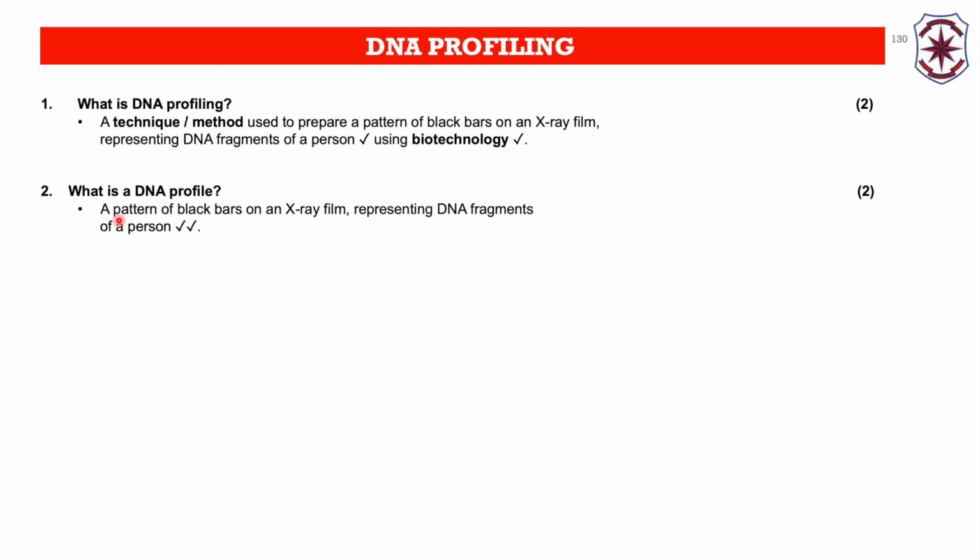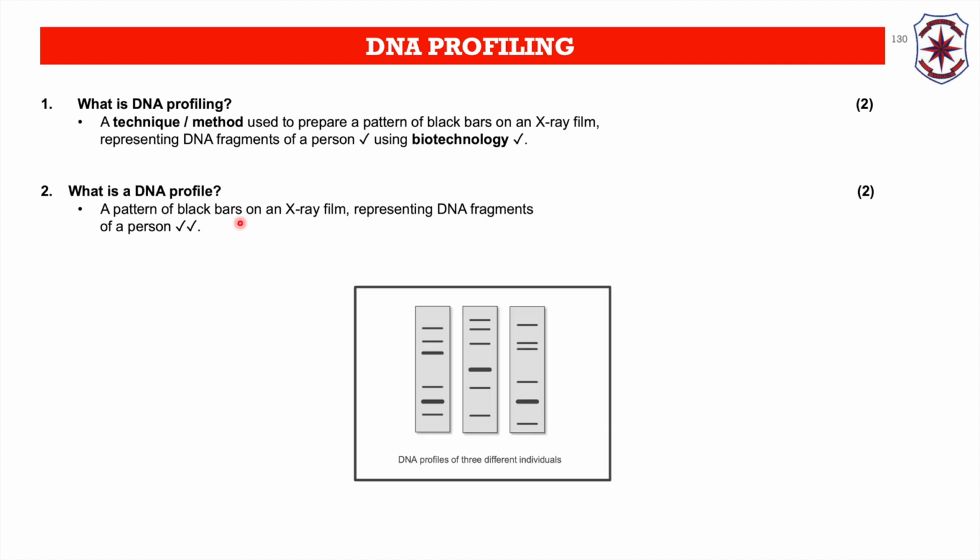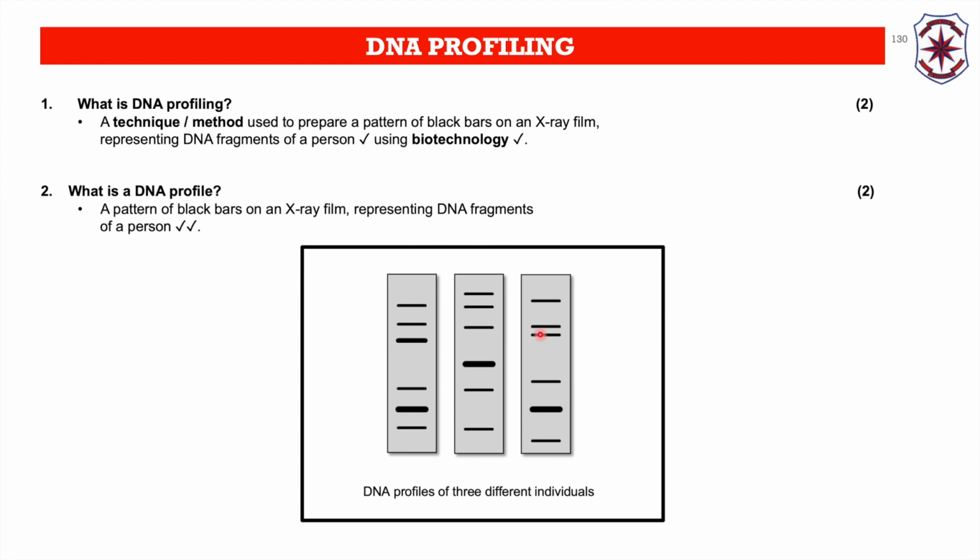So the actual pattern of black bars is the DNA profile. The technique or the method used to prepare this pattern of black bars is called DNA profiling. So that is what a DNA profile is. Here we have an X-ray film, as you can see, that has a pattern of black bars or black bands.